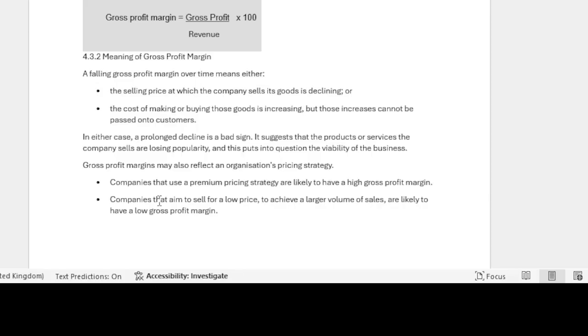So if the profit is reducing, it means it's not a good sign for the organization, especially if it continues for a longer time. If the gross profits are lower, it means also the net profits will become much less.